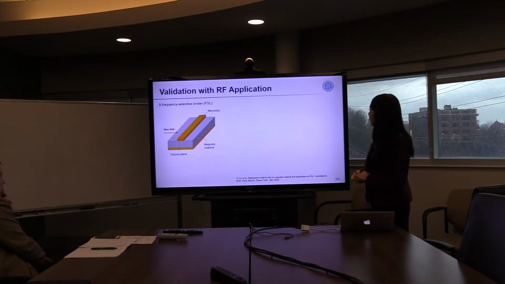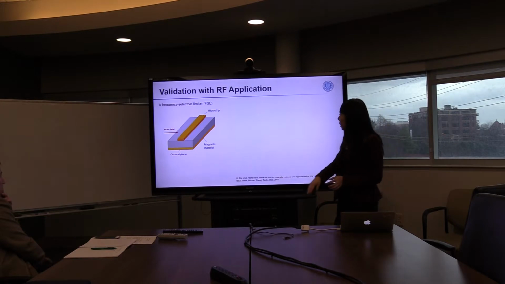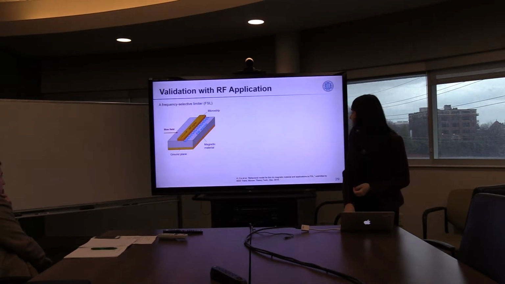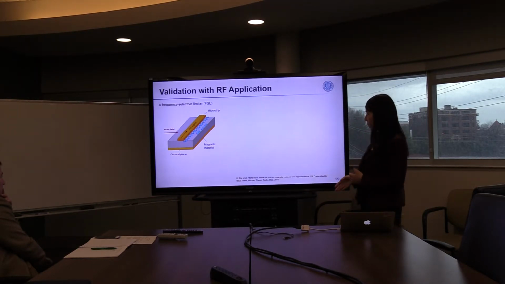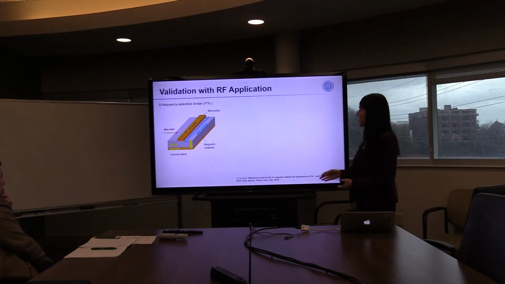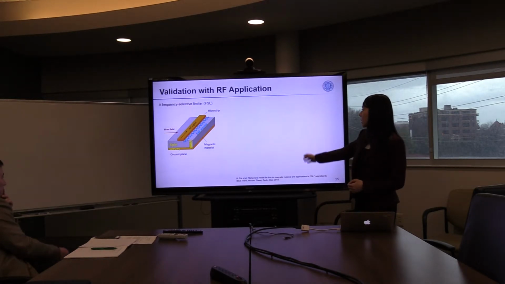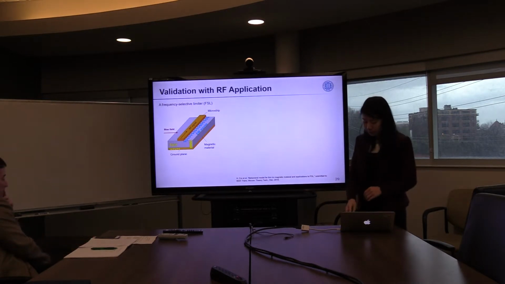And we validate this model with an RF application, a frequency selective limiter, or FSL. It usually has a microstrip structure, and the RF signal goes through the microstrip. It generates an EM wave, and this EM wave will generate some spin waves, or you can think of it as another type of magnetic energy taken away by the magnetic material.